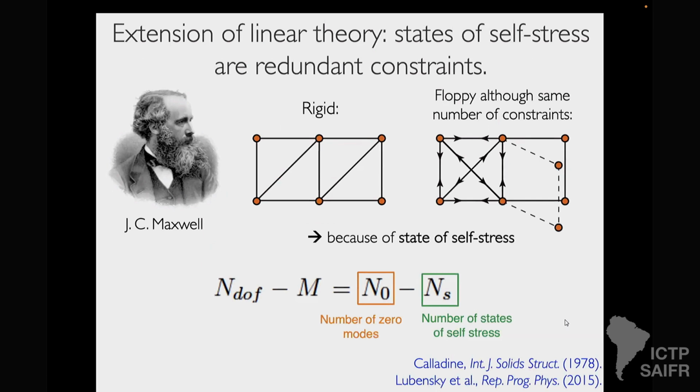And when I have a state of self-stress like that, I can actually add it into my constraint counting, because it turns out that you can show under some set of assumptions we'll talk about in more detail later, when I have a state of self-stress, that's basically a redundant constraint, and therefore I have an extra floppy mode living in my system. Okay, and so this was worked out by Calladine, and then there's this nice, really, I think, very readable description of the problem by Kane and Lubensky and others.